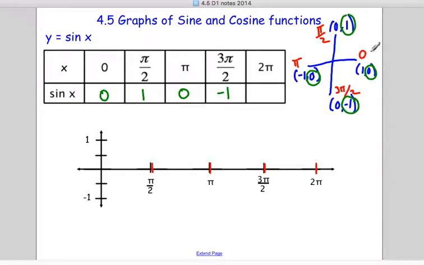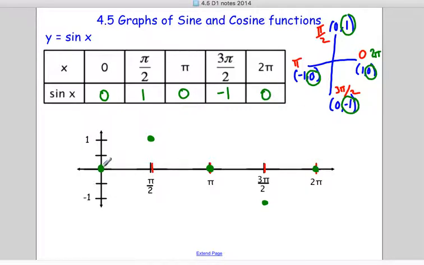And then going back to 2 pi, the value of sine is 0 again. So if I plot that on this graph, 0, 0, pi over 2, it goes up to 1. At pi, it goes back to 0. At 3 pi over 2, it goes down to negative 1. And at 2 pi, it goes back to 0.